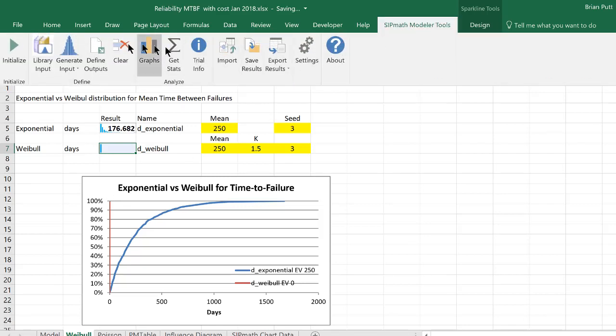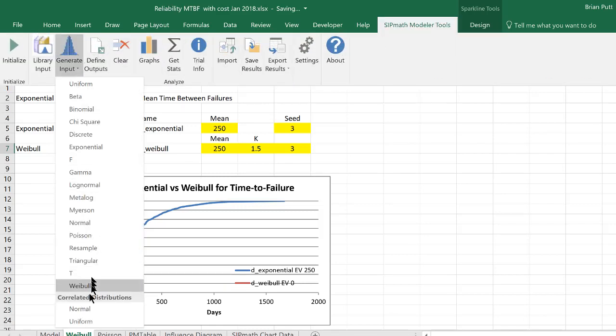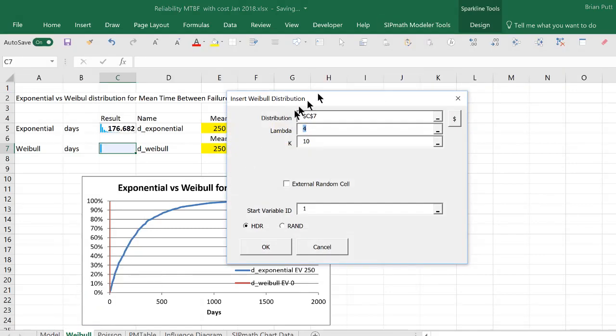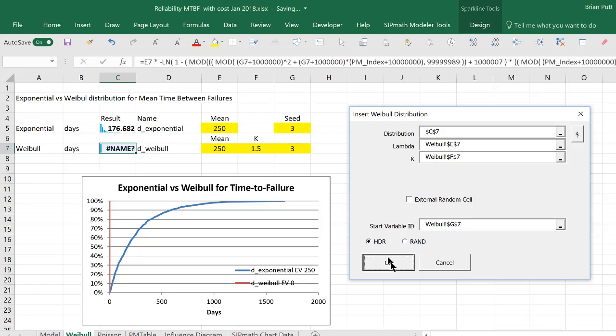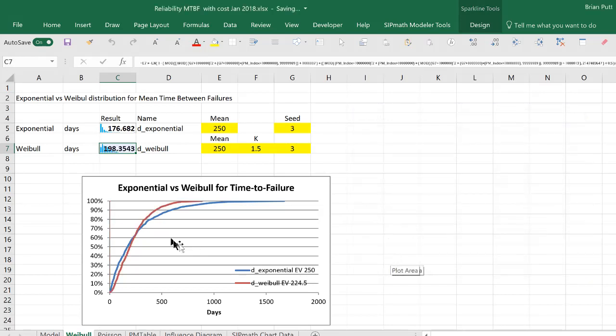I'll just come back in here and generate an input, generate the Weibull, and it's going to ask me for the lambda, which is really the mean in this case, tab, k, tab, tab, and this is the seed. We'll talk a little bit more about the seed in a minute. And I'm back to where I was. This is the exact same distribution with the exact same outcomes that I had before. So you can see how easy it is to generate these distributions.